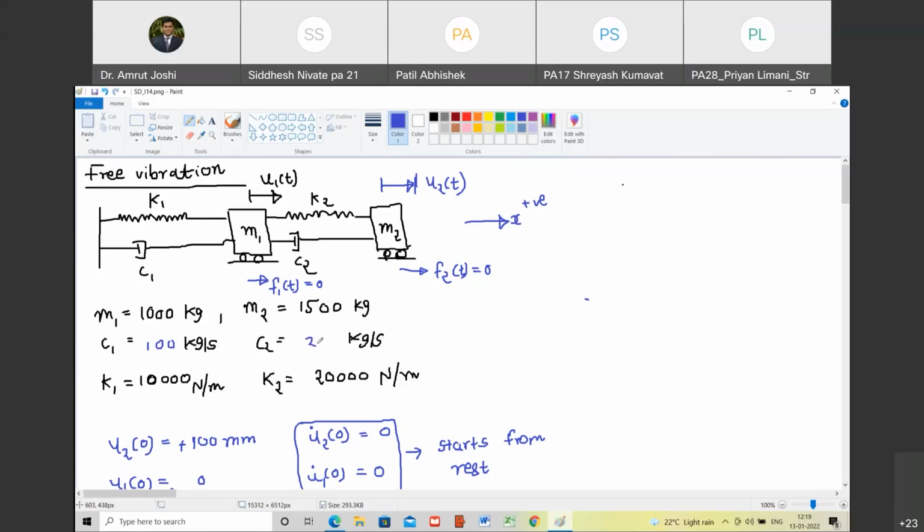This has to be 2. If we take it as 100 and 200, then what happens? The C matrix will become 300, minus 200, minus 200 and 200.